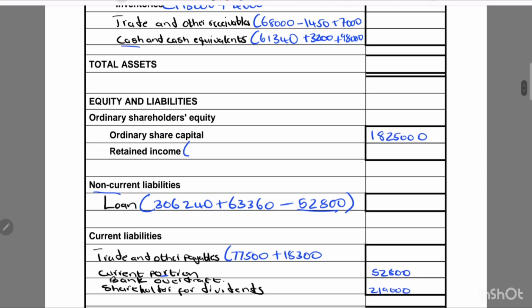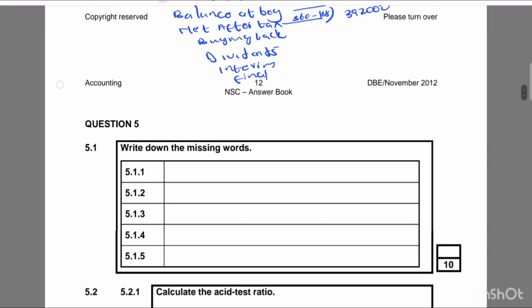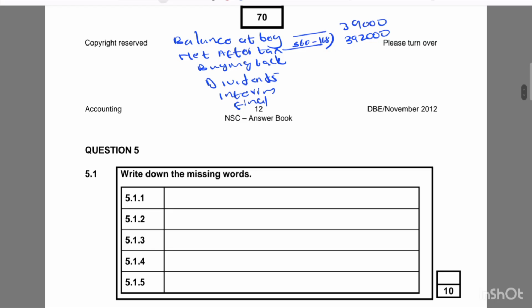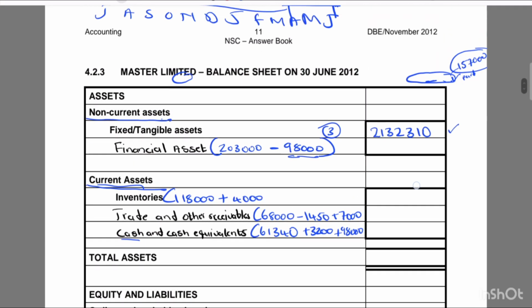So that means we are no longer going to have this amount here, because now we have what we call the buying back. Now I have my retained income. Now I can go and prepare my ordinary share capital. Let's check how many shares were issued at the beginning of the year.